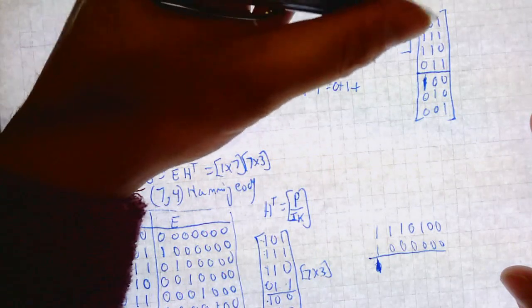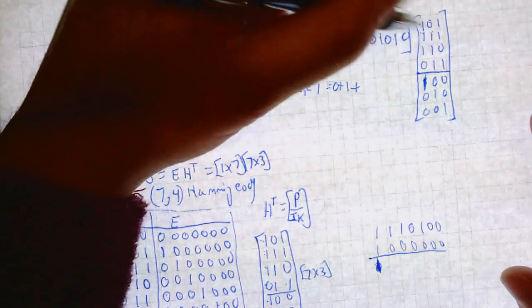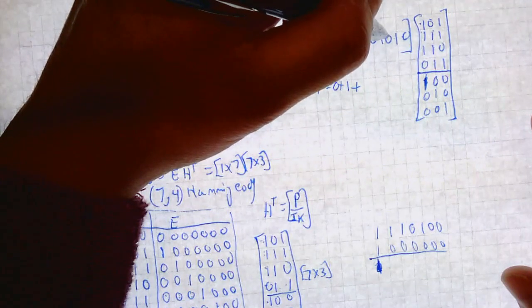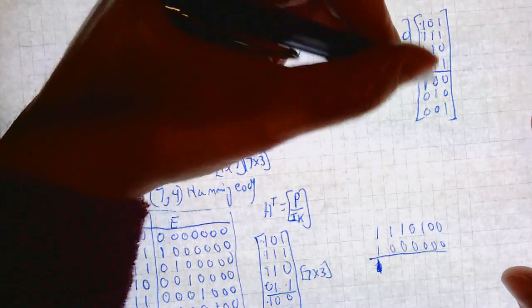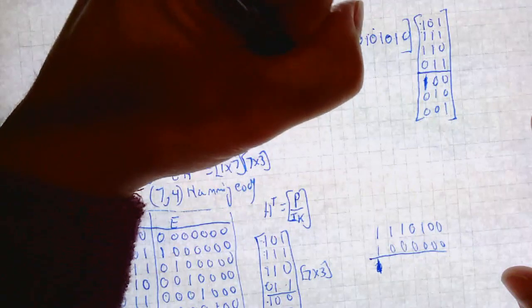We'll do the same thing for the next column. 0 times 0 is 0. 1 times 0. There's another 1. 1 plus 1 is equal to 0, because we're dealing with mod 2 arithmetic. 0 times 0 is 0. 1 times 1 is 1. So at the end of the day, check bit 2 is equal to 1.